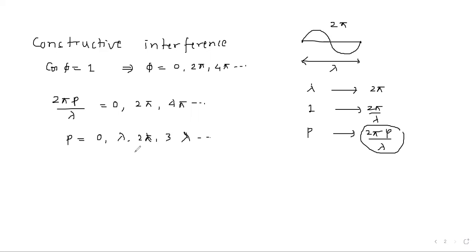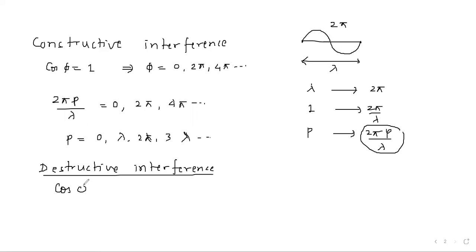Now let's see the condition for destructive interference. So for destructive interference, cos phi must be equal to minus 1, and in that case phi will be equal to either pi or 3 pi or 5 pi, and the corresponding phase is this.